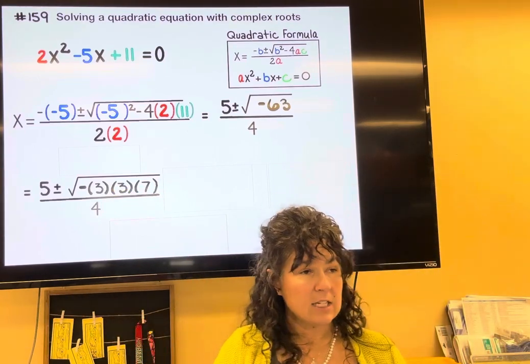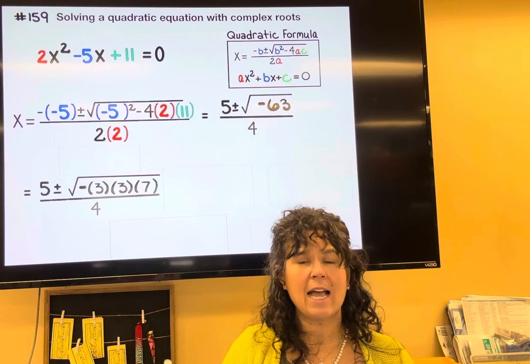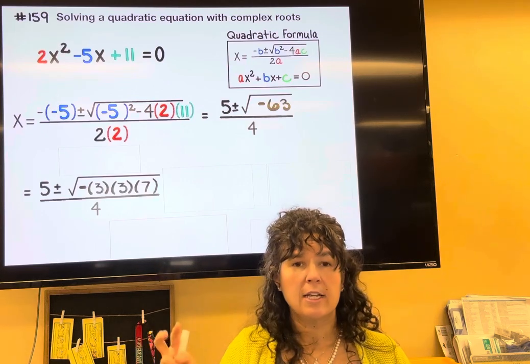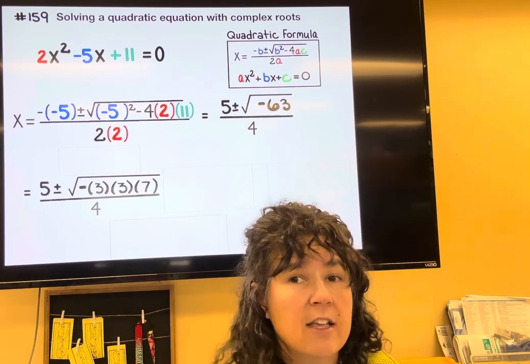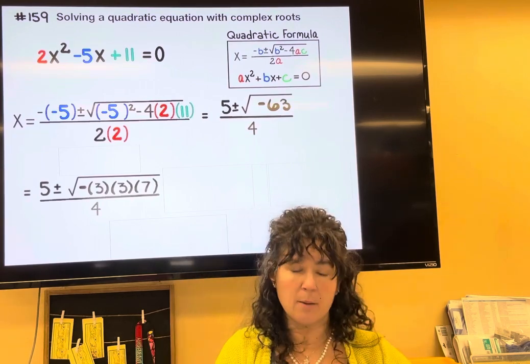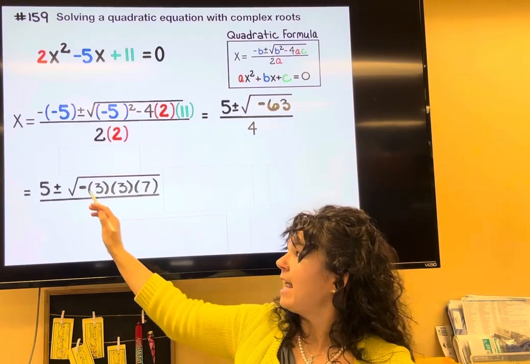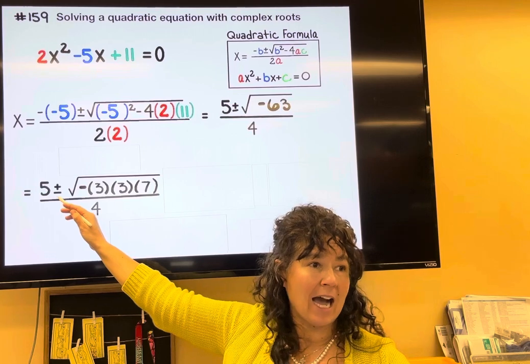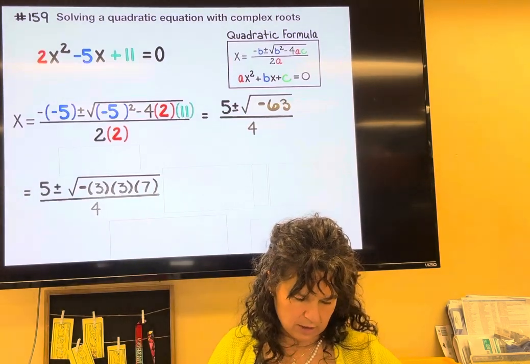Okay, the next thing to remember is how things come out of the root. If you get 2 of a kind, then you get to take one number out, but the negative comes out as an i. So I'm going to illustrate that here.